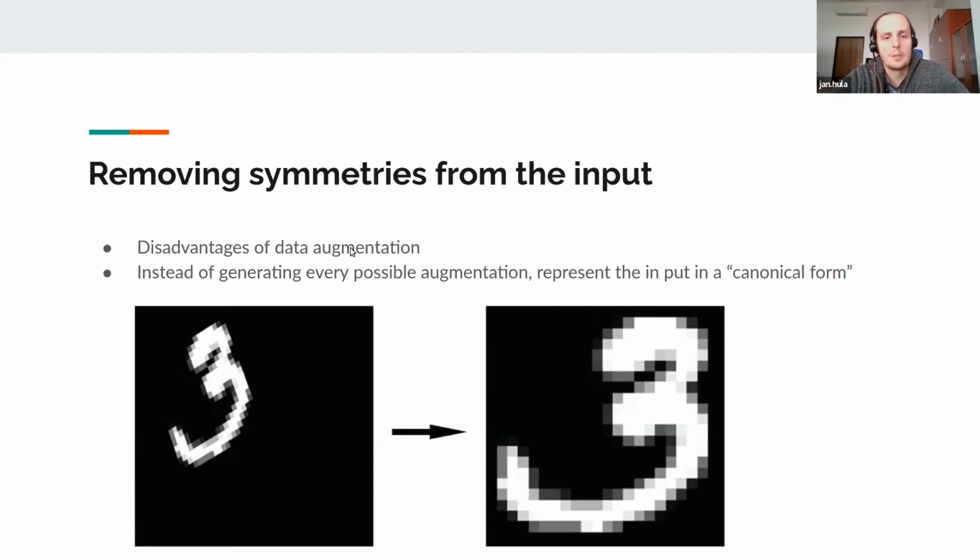And it would be much better if the network could ignore these variations already. The variations would somehow be removed from the input. So this is the idea of removing the symmetry from the input by transforming the input into some canonical representation. So here you can see that if you have this image, you can make it into some canonical form where it doesn't matter how the digit was translated or rotated in the original image.